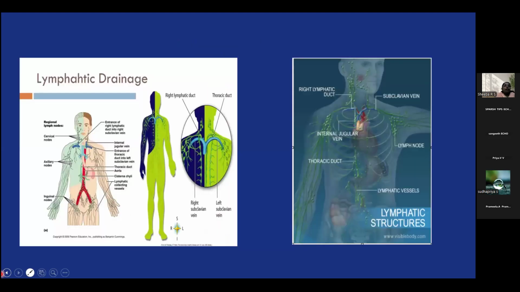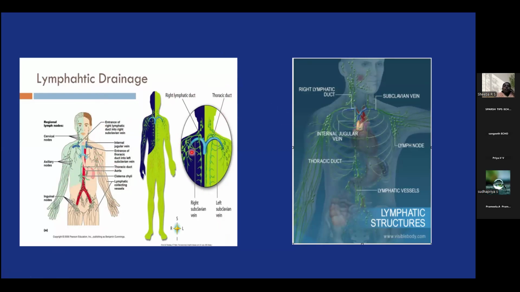The next topic is about the drainage. Here you have to understand that we have a right lymphatic duct and the thoracic duct. This part of the fluid will be drained into the right lymphatic duct, and the other parts go to the thoracic duct.